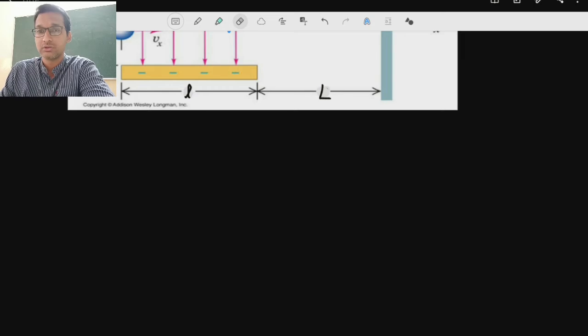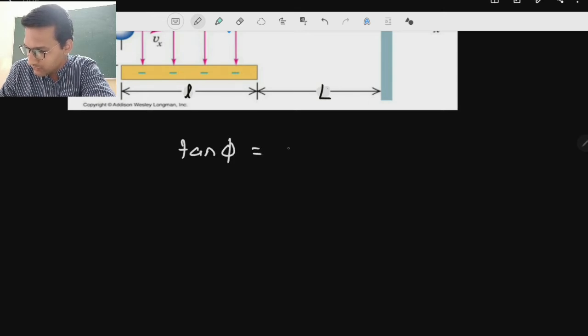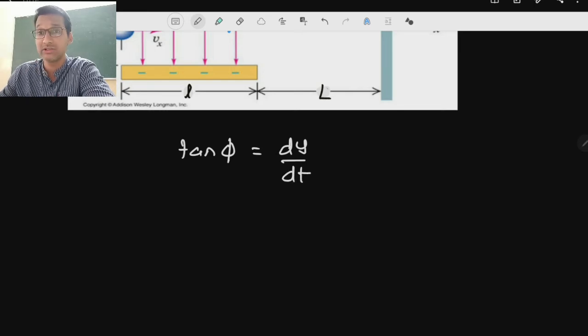Now this angle we can easily find as tan psi is equal to dy by dx. This angle will be continuously changing at every instance of time, and psi is the value of that angle at any instance. So this is tan psi.